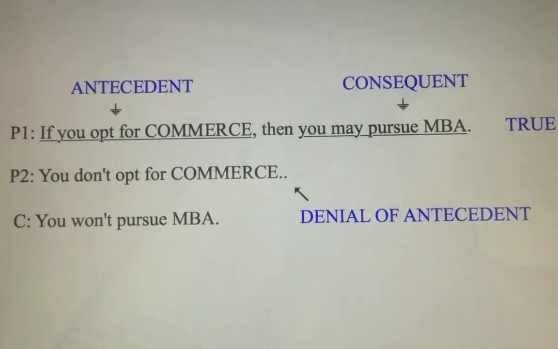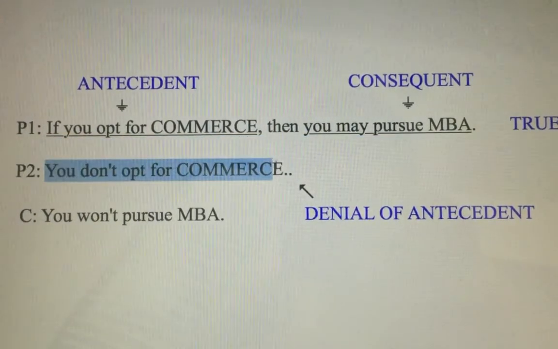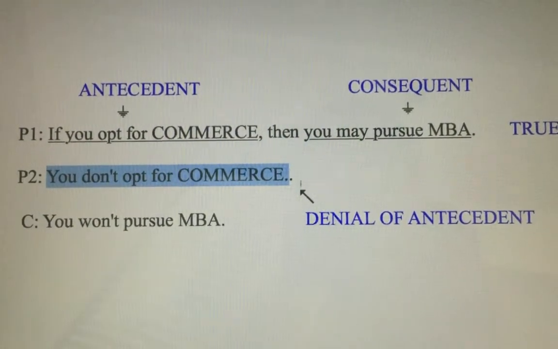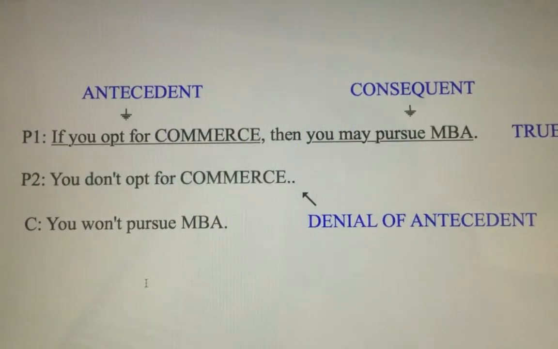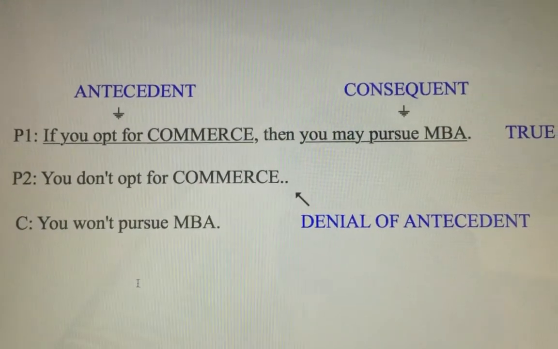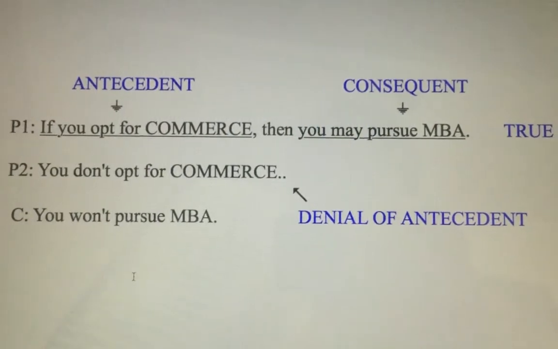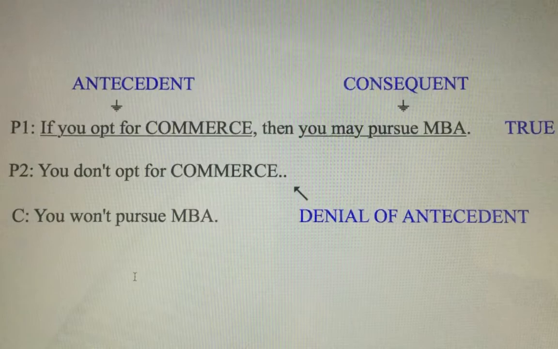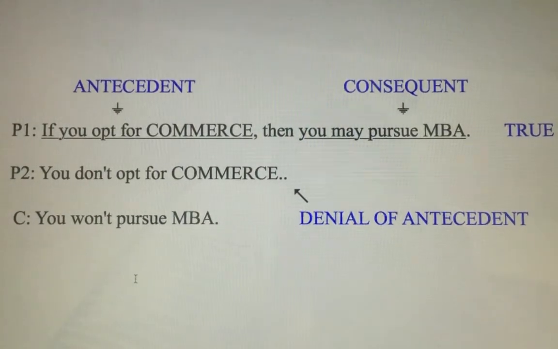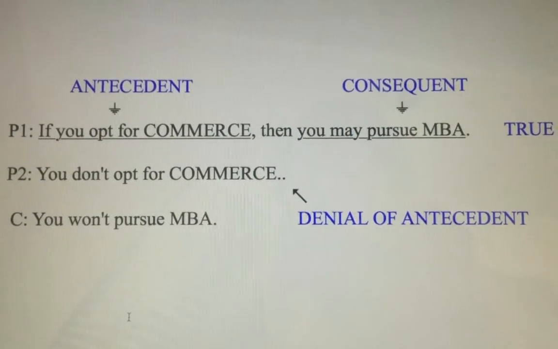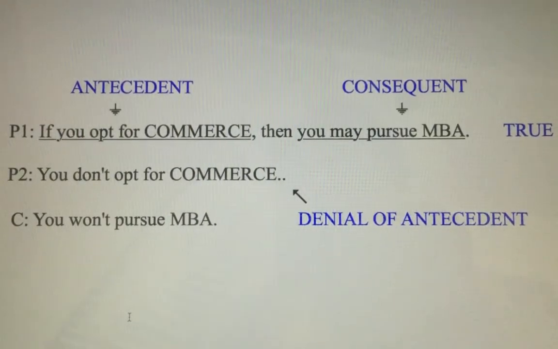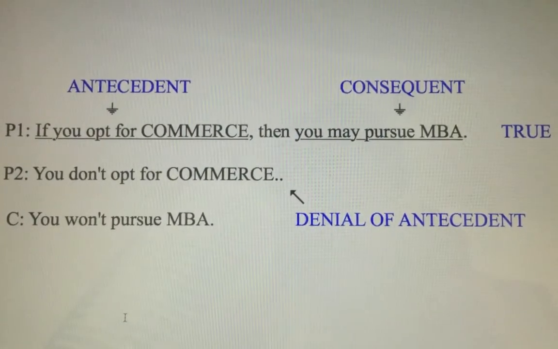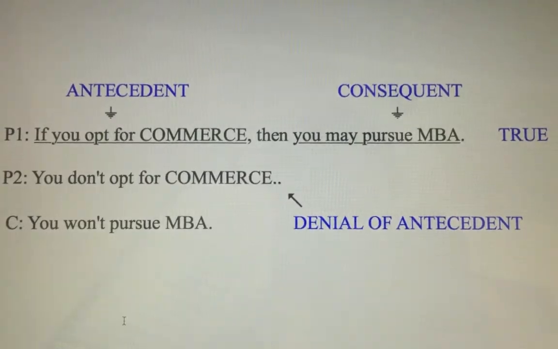Here, the second premise, you don't opt for commerce, is the denial of the antecedent, or in other words the negation of the antecedent, as it is the opposite of the antecedent. This premise does not tell us that only students who opt for commerce can pursue MBA.